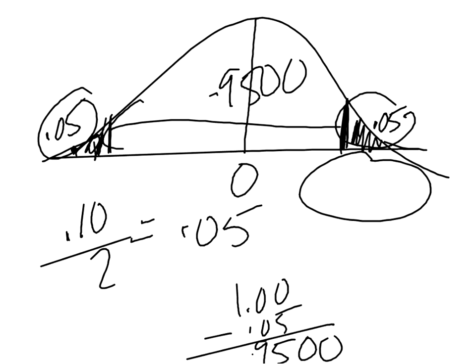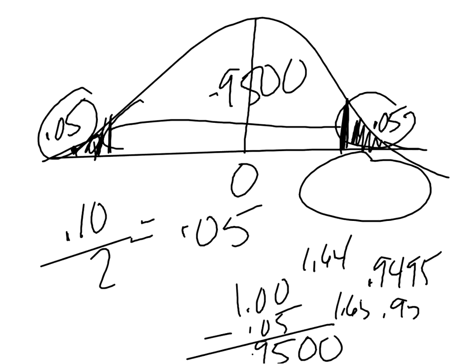And when I do that, I'm halfway between. The value for 1.64 is 0.9495, and the value for 1.65 is 0.9505. Well, they're both equidistant. I'm going to use the larger one, so we're going to go with 1.65.